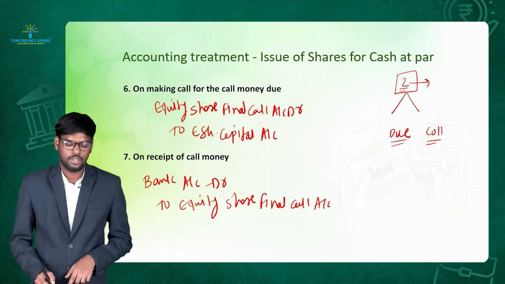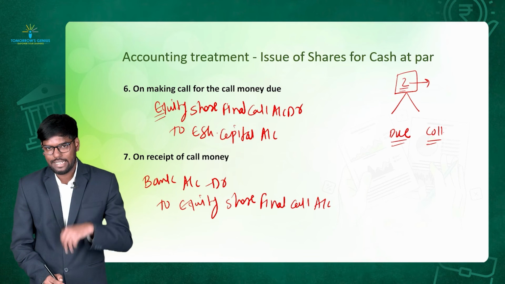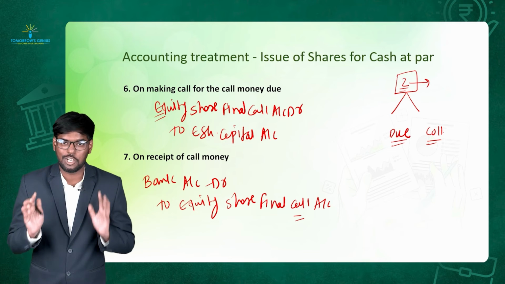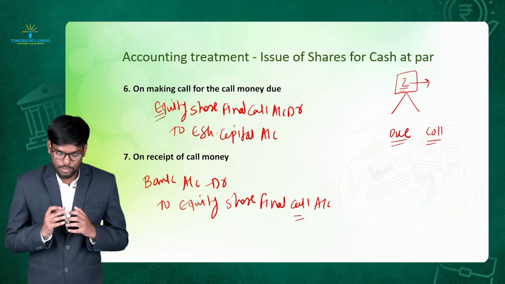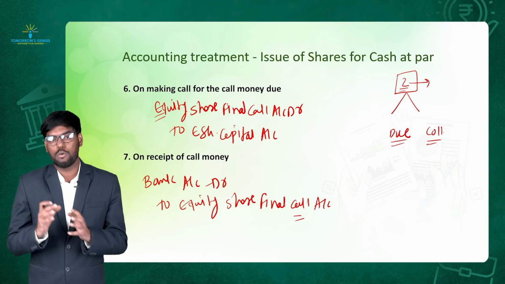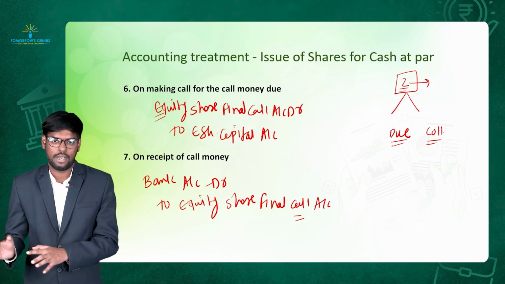If you see here, when money is due, at that time you debited, and when you collected the money, you have credited, right? And automatically it will get cancelled, that account will get closed, right? So this is the entry for receipt of call money. So what we did so far, we covered the journal entries that we have to pass when the company issues shares for cash at par, right?